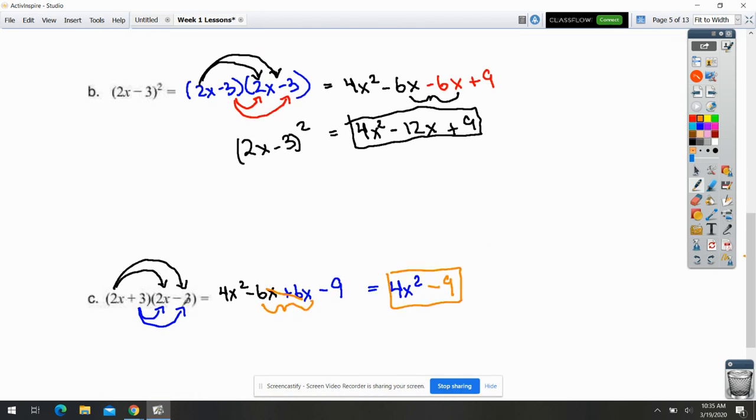And when you have the opposite signs, plus and negative, that middle term is going to eliminate, which is interesting. And they are equivalent, just different forms, which will come in handy in the future.